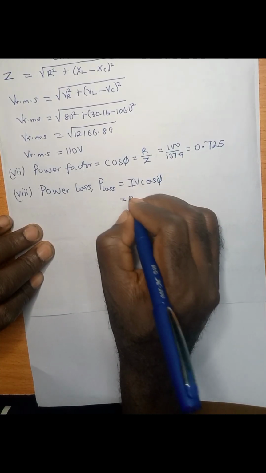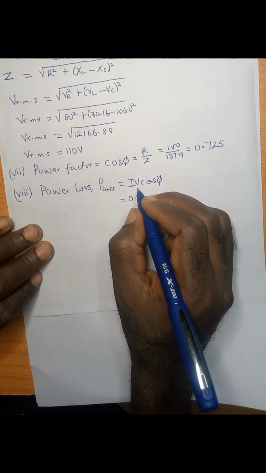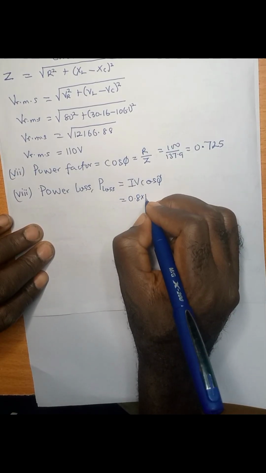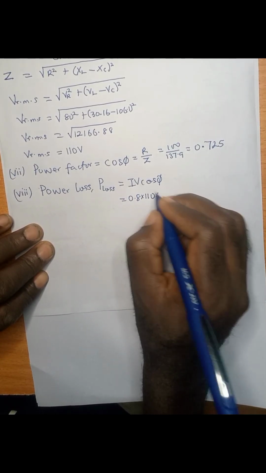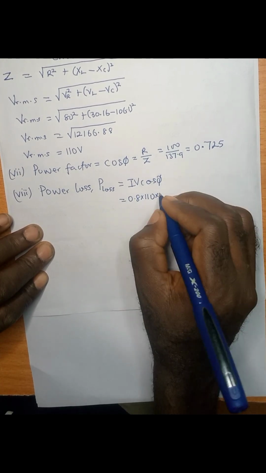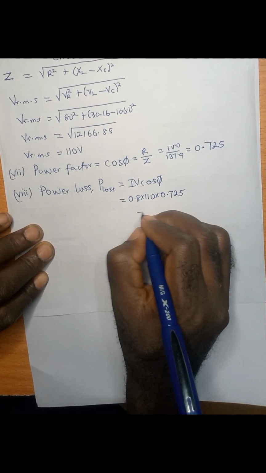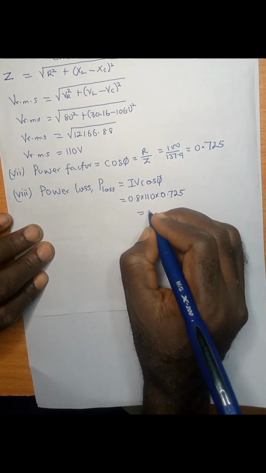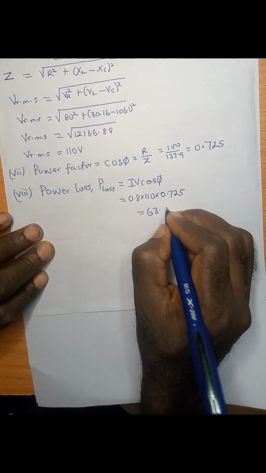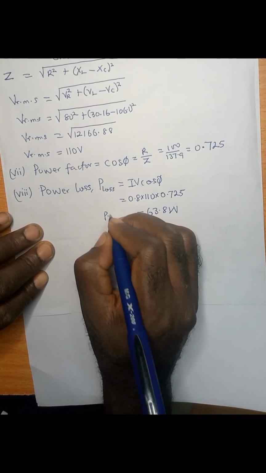Our I is 0.8, our V is the V root mean square in the circuit, which is 110, times cos phi, the power factor, which is 0.725. When we evaluate this, we get 63.8 watts as the power loss.